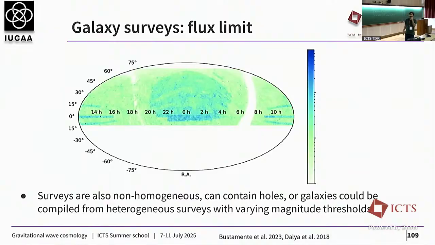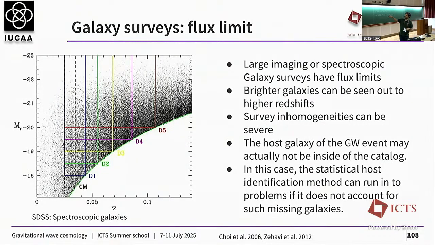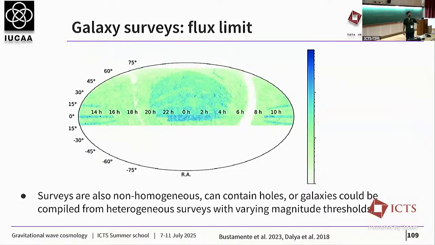So how do we deal with some of this incompleteness? First of all, when people make galaxy catalogs, they don't have just one galaxy catalog. They have many such galaxy catalogs spread out all over the sky, because some telescopes can only observe this part of the sky, and some telescopes will only observe some other part of the sky.